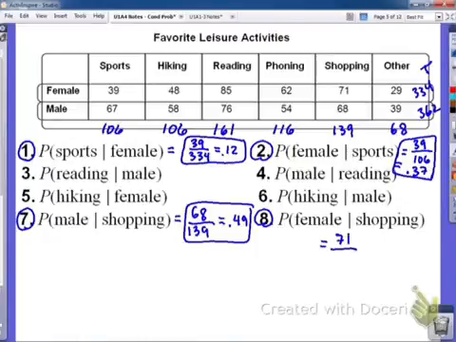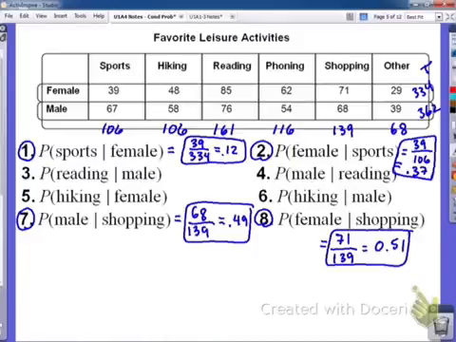And what's the total number of people that prefer to shop? 139. Now, what does that decimal come out to be? Let me hear from Shay. 0.51.